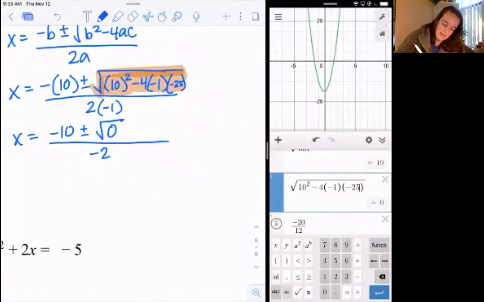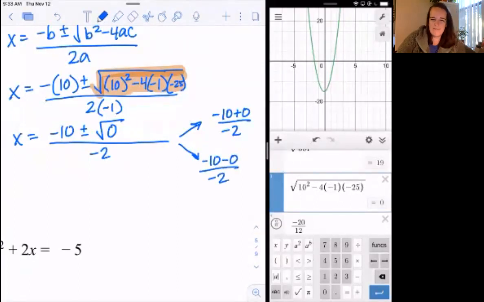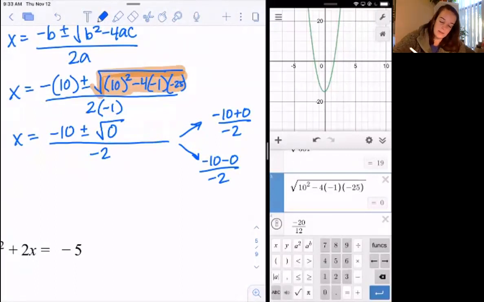Yeah, for sure. So we have the possibility of negative 10 plus 0 over negative 2, or negative 10 minus 0 over negative 2. That's not going to change anything though, right, guys? If we add 0, we subtract 0, we're still just doing it with 0. So, okay, not a big deal.